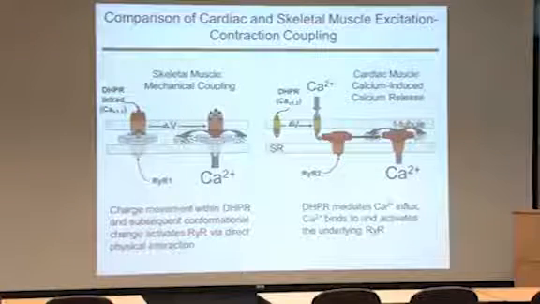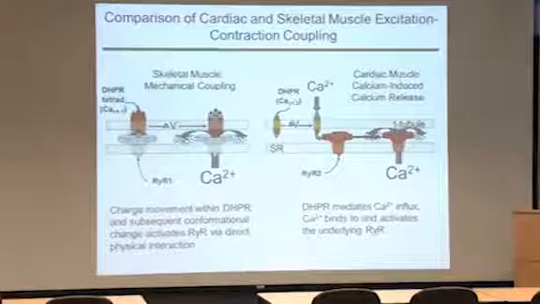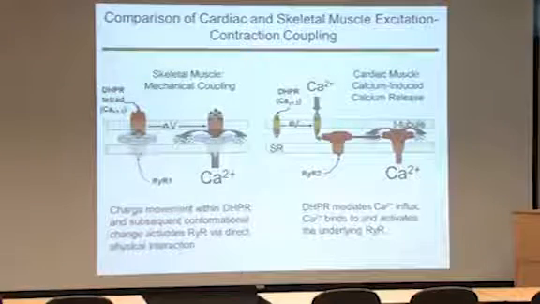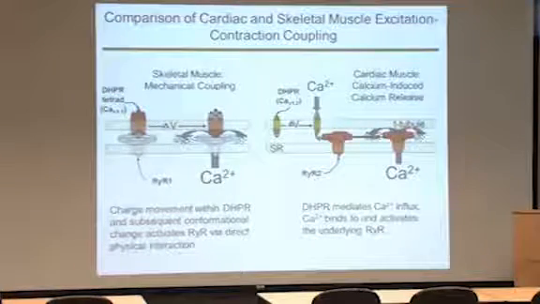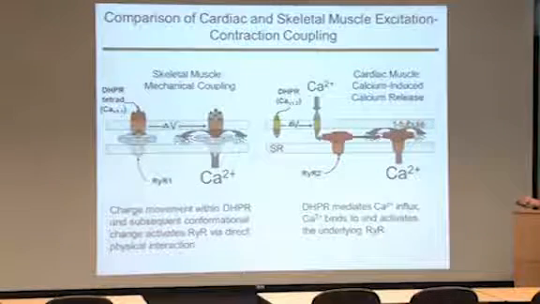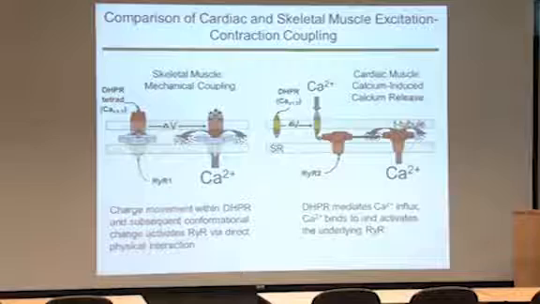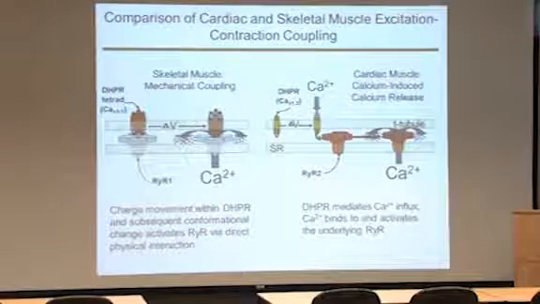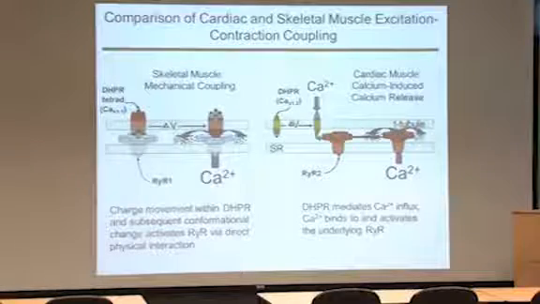So it's possible there's an allosteric coupling between coupled and uncoupled channels, which will open the whole cluster of channels. The other hypothesis is that calcium released from the coupled ryanodine receptors actually diffuses over and binds to the neighboring channel and causes the channel to open via a mechanism called calcium-induced calcium release.